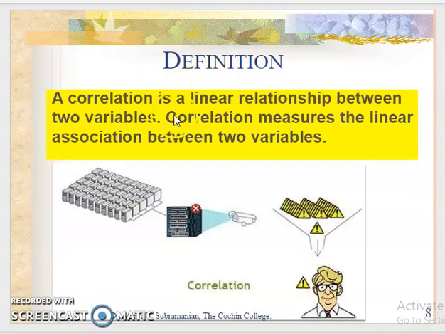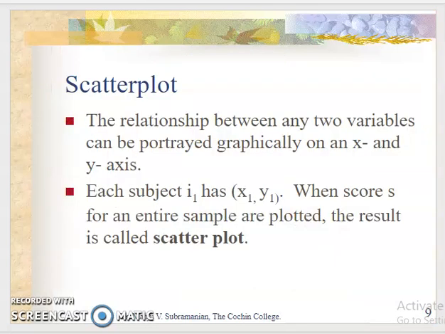So correlation is a linear relationship between two variables. Correlation measures the linear association between two variables, and this relationship can be plotted graphically on an x and y axis. When the scores are marked correspondingly, the result is called a scatter plot.